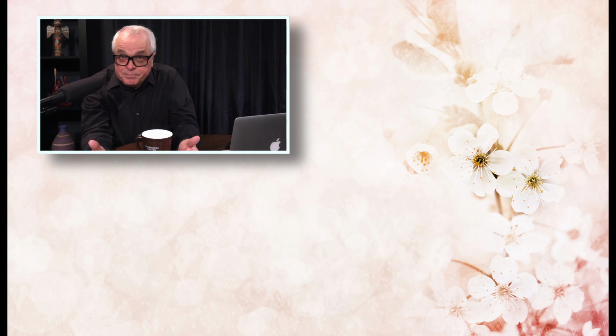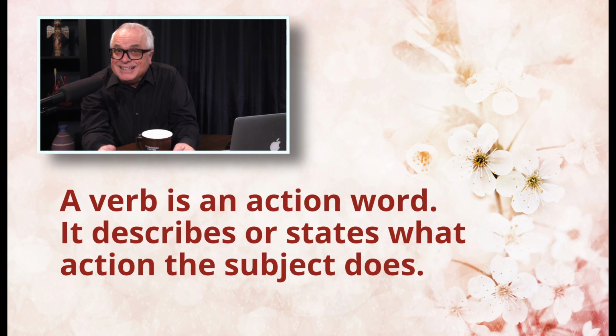What is a verb? A verb is an action word. It describes or states what action the subject does or is doing. If a sentence does not have both a verb and a subject, then it is not really a complete sentence.